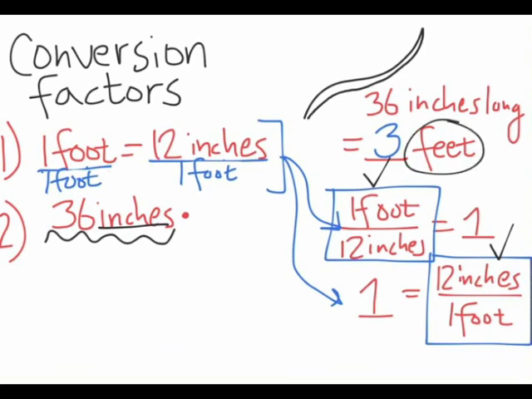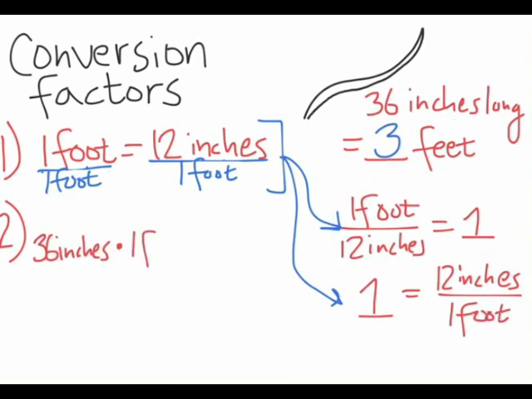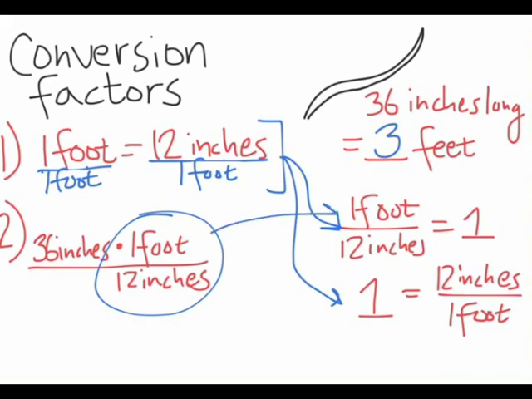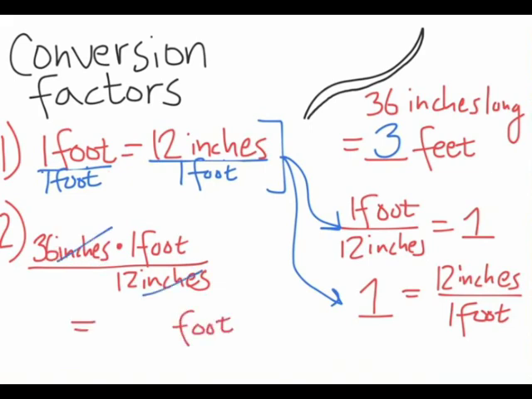Let me show you how we're going to do that. 1 foot, because that's what we see right here, and we're going to divide by 12 inches. So this part right here is just equal to 1, like we found. But notice what it does for us. We have a unit on top and the same unit on bottom, so they cancel out. And this will leave us with foot, or because English is silly, feet, in the final simplified form down here.